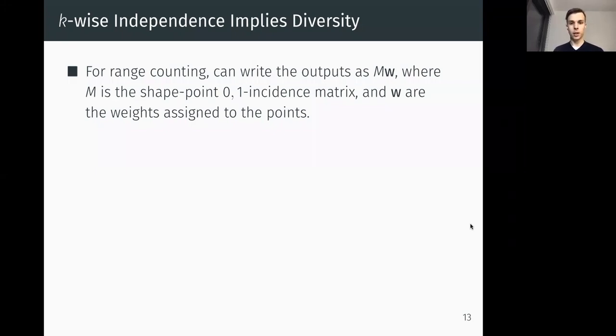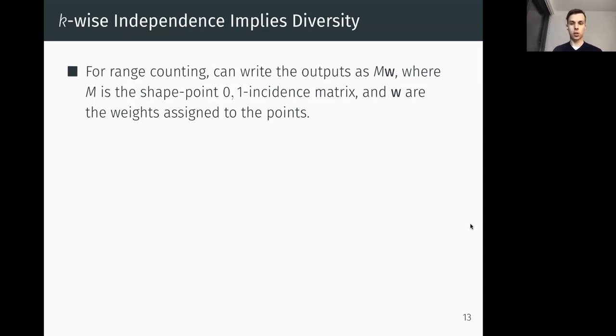If you have a range counting problem, it can be encoded. If you know the inputs, you can take the incidence matrix, which is 0, 1. It has rows corresponding to the shapes, in our case polygons, and columns corresponding to points, and there is a 1 at the intersection of the i-th point and the j-th shape if the i-th point lies in the j-th shape.